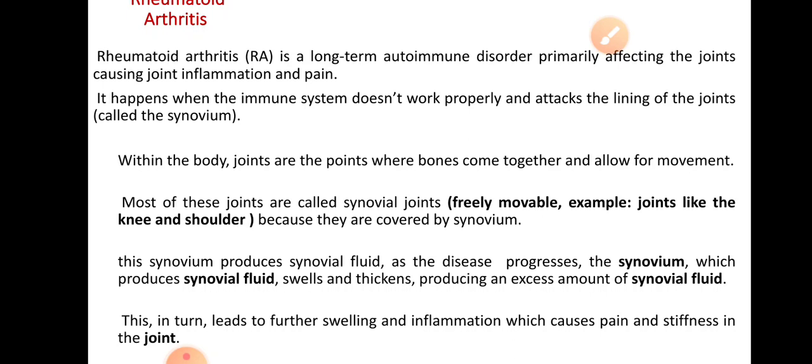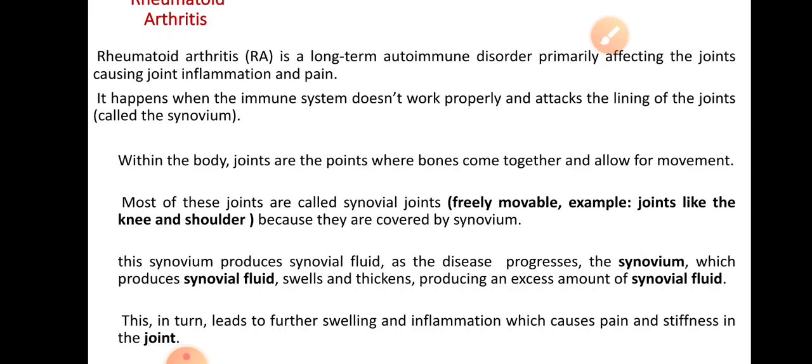Within the body, joints are the points where two bones come together and allow for movement. Most of these joints are called synovial joints because they are covered by synovium. This synovium produces synovial fluid.